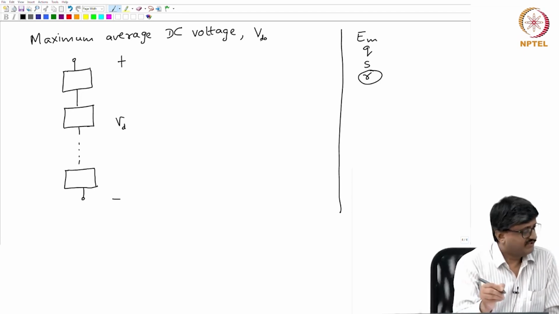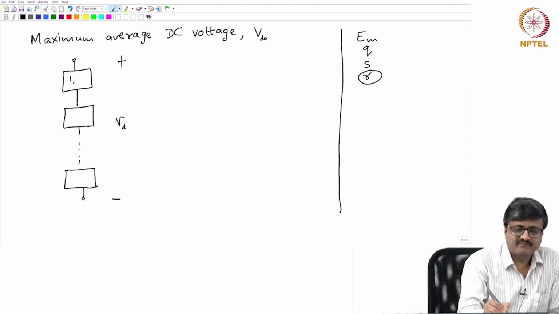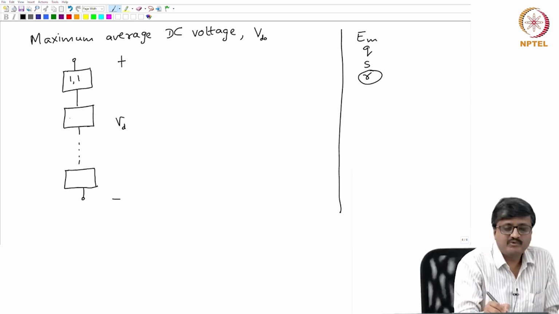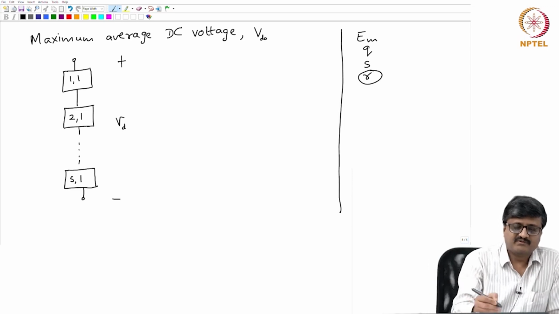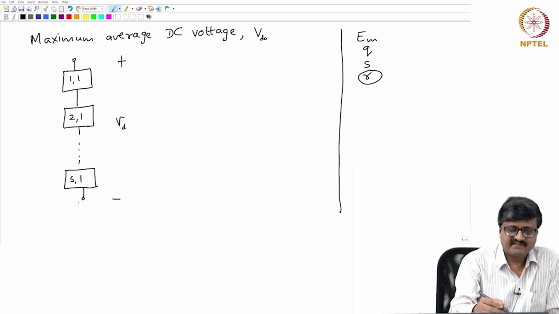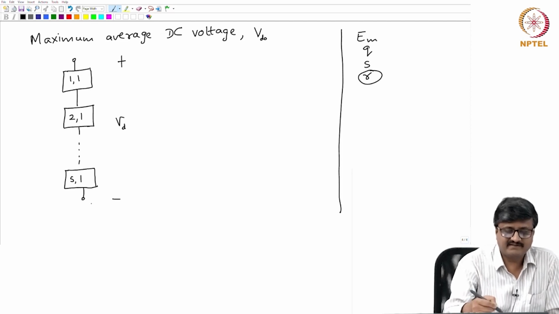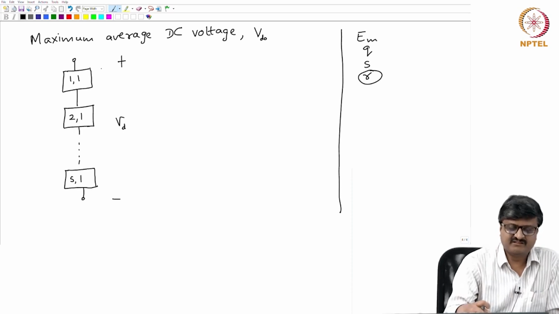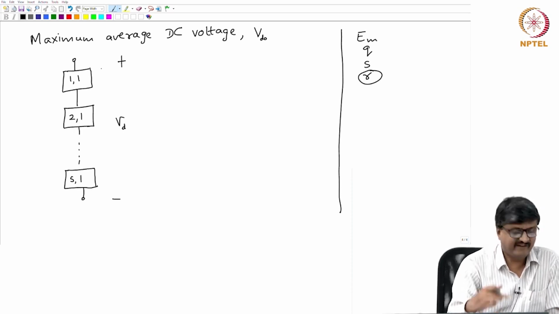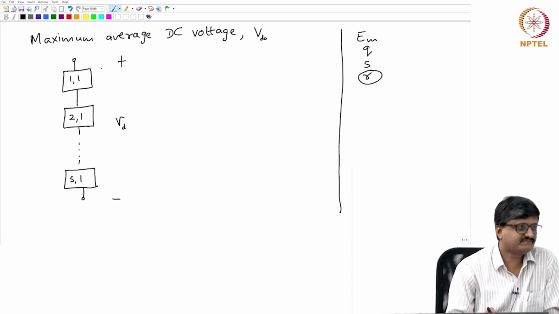So we gave some names here: 1,1, 2,1, and so on up to S,1. The first number is the number in the path, and the second number says it is the first path. The average across each of them, if added, will give me the total average.